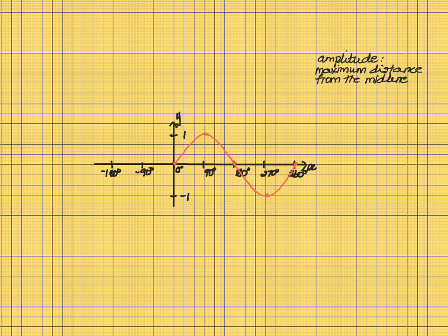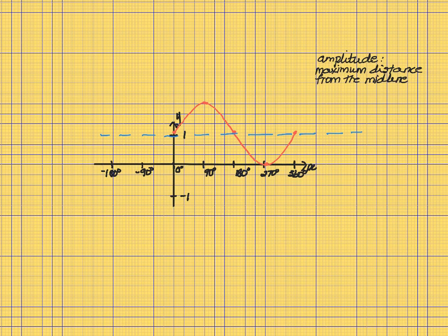So the maximum distance from this line to the graph at any point is 1. It's always at a turning point. So that's where we get the amplitude of 1. Even if this graph were shifted up, say to there, in this case, the midline would be the line y equal to 1, which is this dotted line here.